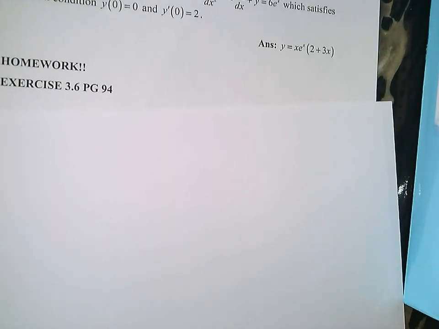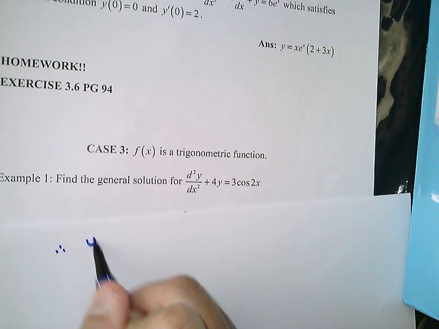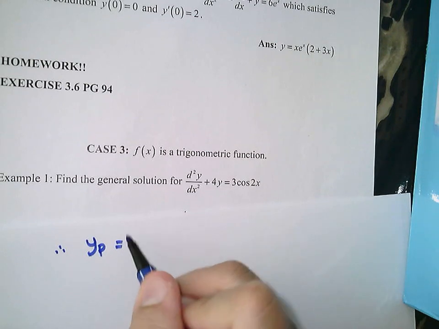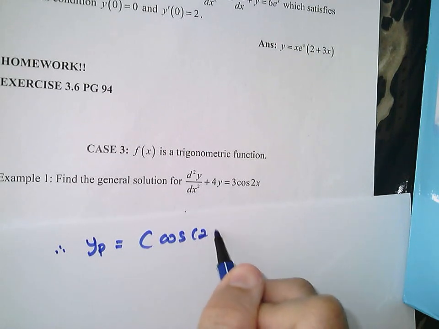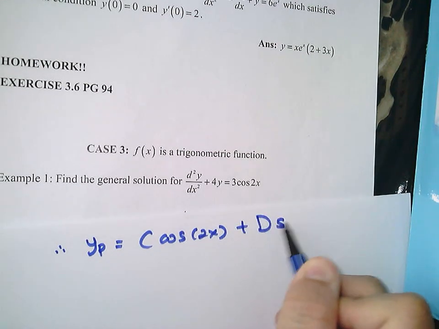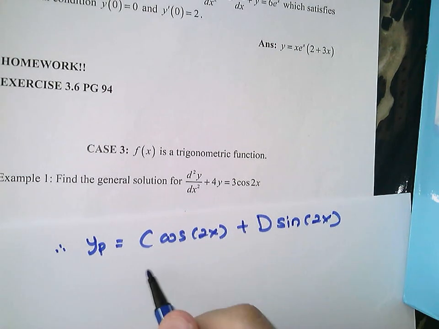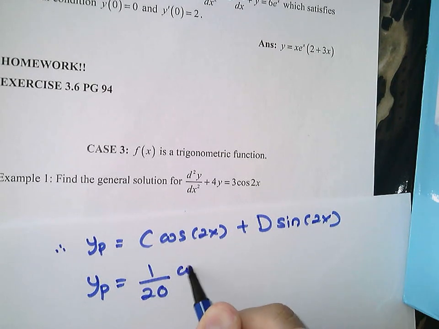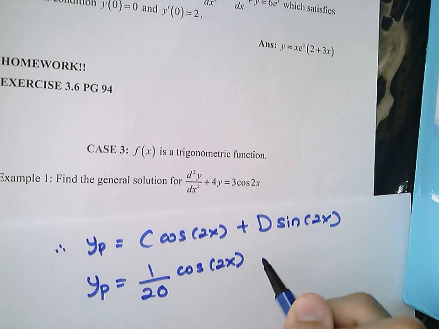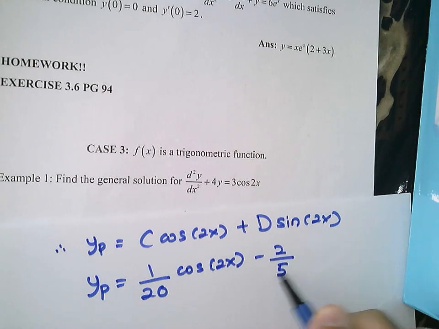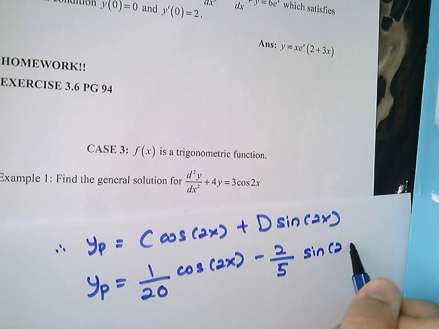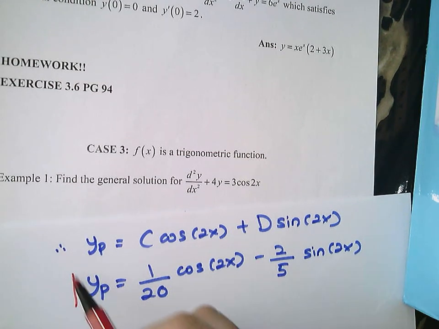Therefore your yp is equals to c cos 2x plus d sin 2x. So c is equals to 1 over 20, so you will have 1 over 20 cos 2x minus 2 over 5 sin 2x. Okay, so now this is your yp.